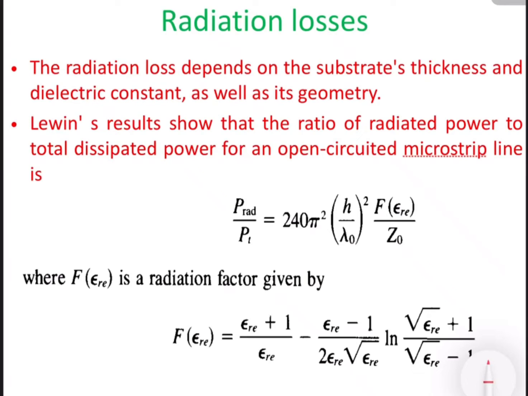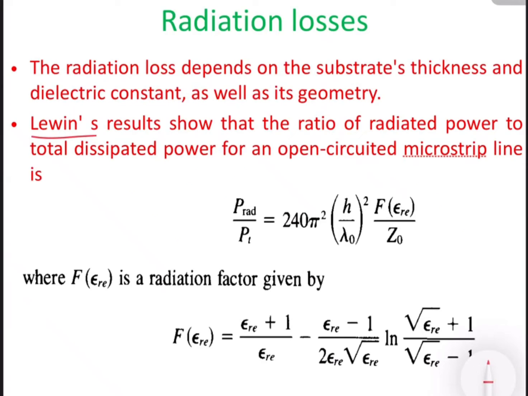The radiation loss is once again found in a microstrip line, where the radiation loss always depends upon the substrate's thickness and dielectric constant. The person who arrived at the equations to find radiation losses is Levin.